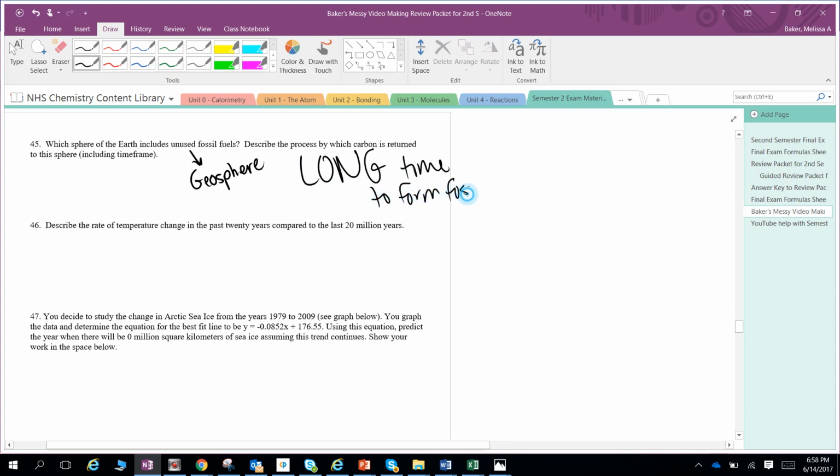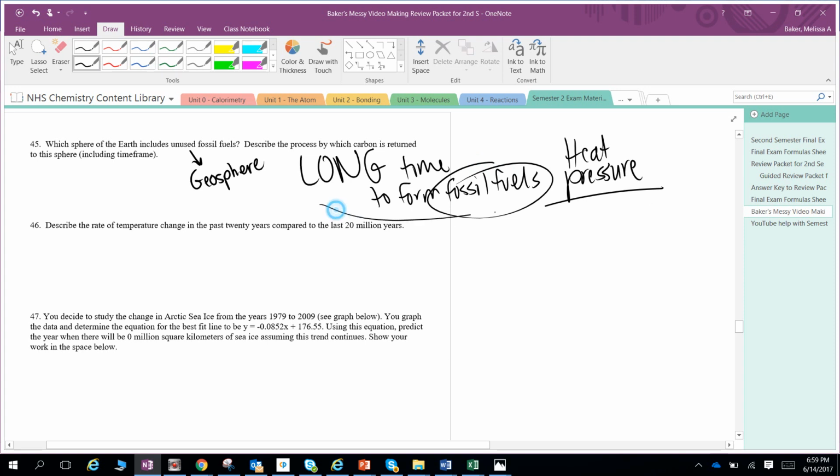And as I mentioned earlier, fossil fuels form when you've got buried deposits of organic materials and they're exposed to heat and pressure in the Earth's crust. Eventually they turn into fossil fuels. So we do have a lot of predictions, and they are definitely in our lifetime of when we will run out of fossil fuels.